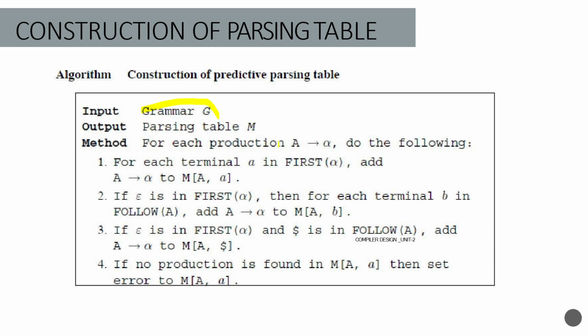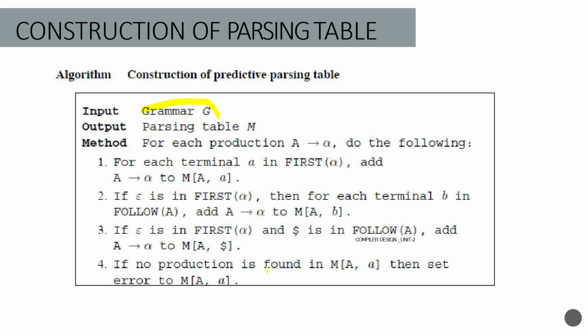Method: for each production A tends to alpha, do the following. For each terminal a in FIRST of alpha, add A tends to alpha to M[A, a]. If epsilon is in FIRST of alpha, then for each terminal b in FOLLOW of A, add A tends to alpha to M[A, b]. If epsilon is in FIRST of alpha and the dollar is in FOLLOW of A, add A tends to alpha to M[A, $].